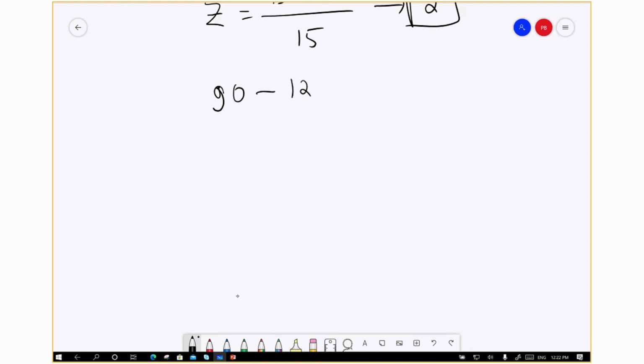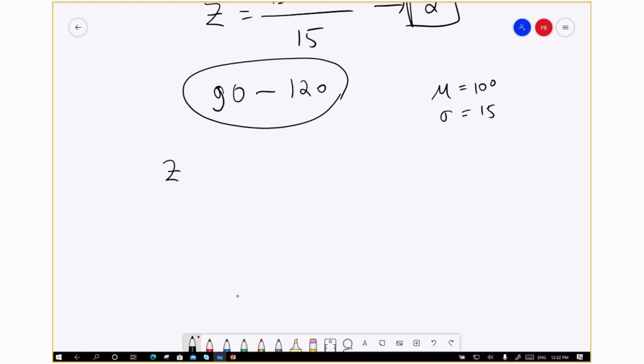Or another way to look at this is if you were to select an individual at random from a population which has a mean of 100 and standard deviation of 15, what's the probability of an individual having an IQ in this range? So as always, we're going to begin by calculating our Z values.